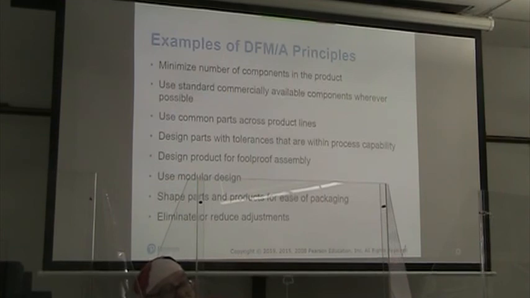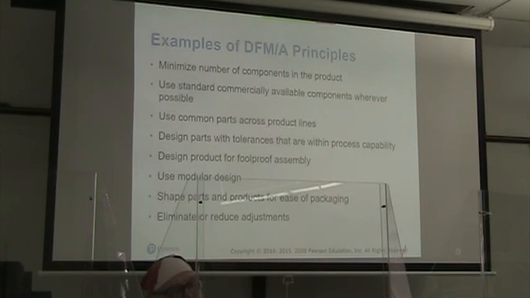So, some examples of those principles: minimize the number of components in the product, right? This is always good design. The fewer things that go into it, the fewer things that can go wrong with it.